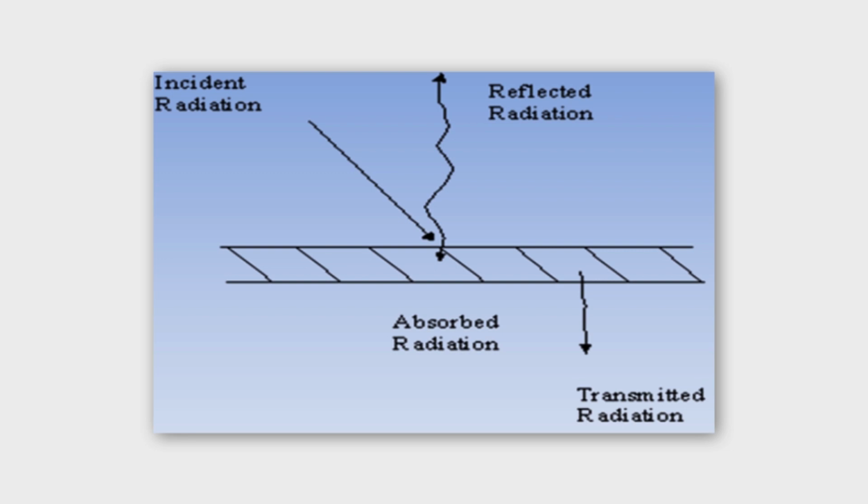Here you can see in the diagram also that solar radiation is incident on the surface, some is being transmitted, and some part of it is being reflected from the surface. The radiation characteristic of surface are its ability to reflect, which is called its reflectivity, its ability to absorb, called absorptivity, and its ability to transmit, called transmittivity.